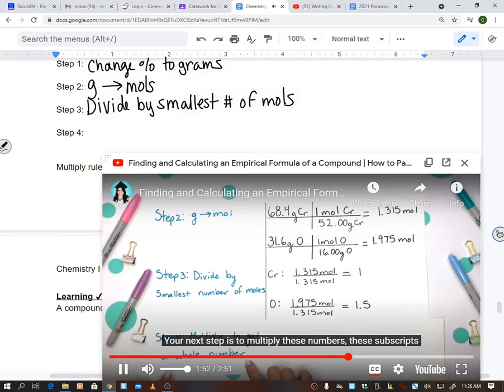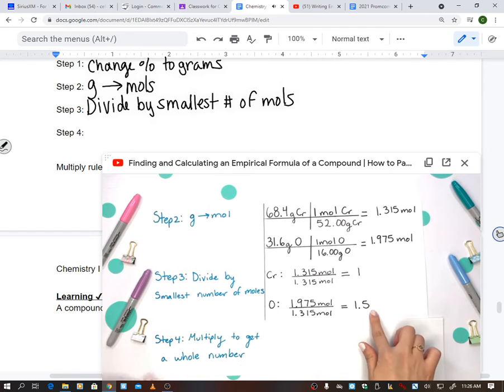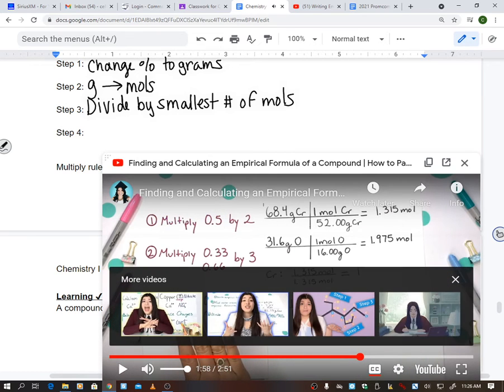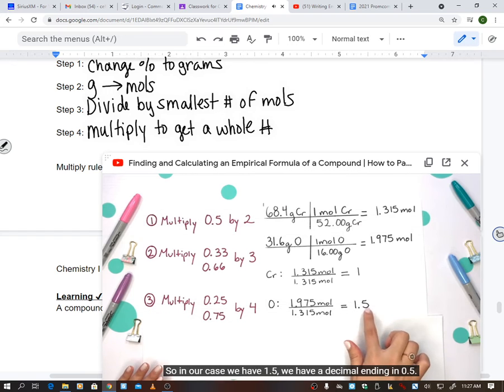Next step is to multiply these numbers, these subscripts, to get a whole number. In our case, we have 1.5. We have a decimal ending in 0.5.